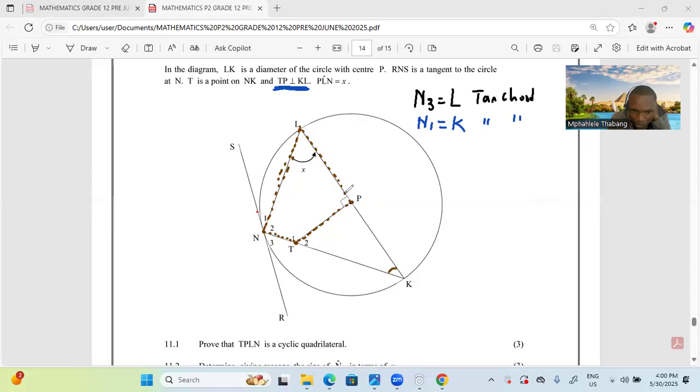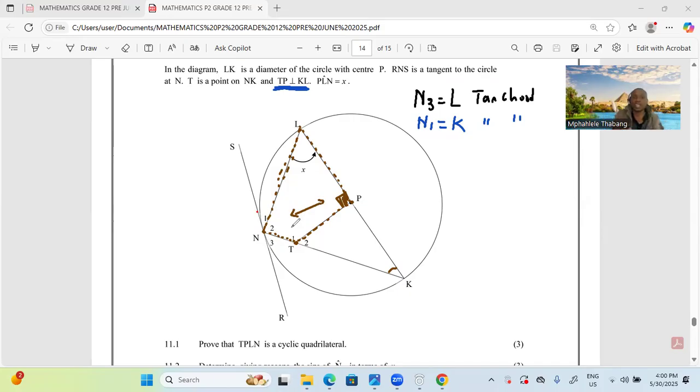So we already know that this angle is 90. I just have to check how can N2 be 90? Because this P and N2, these are the opposite angles. And in a cyclic quad, opposite angles must add to 180 degrees.